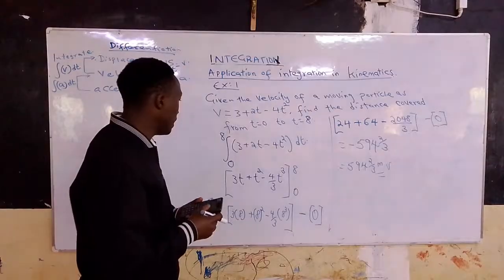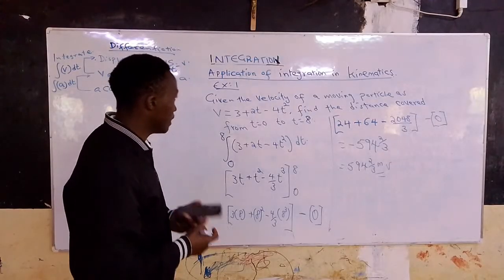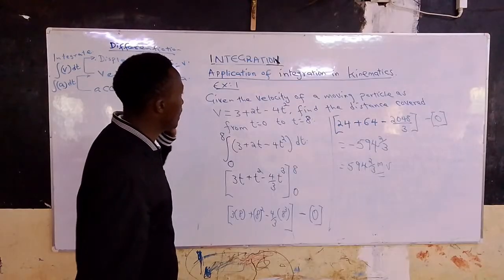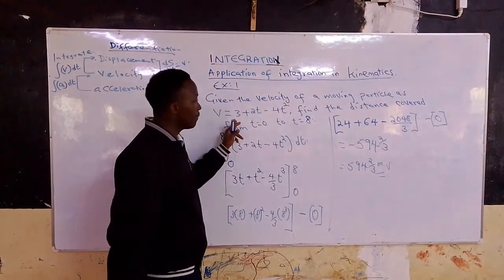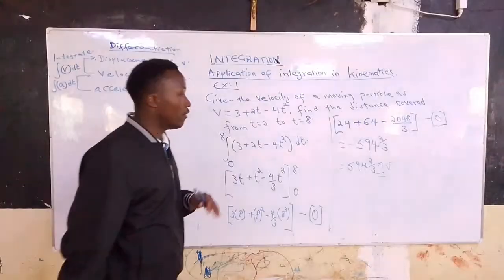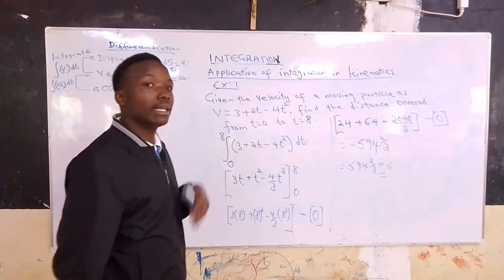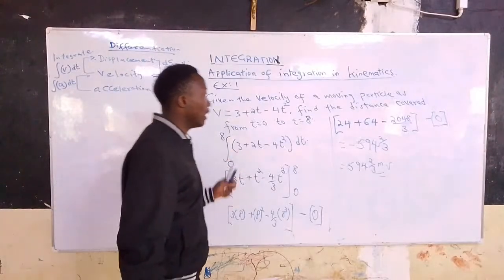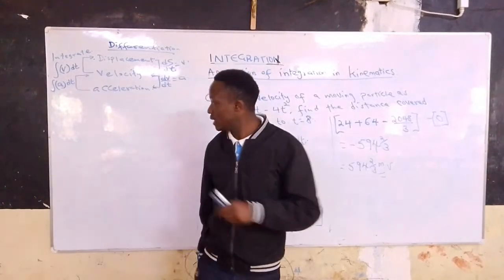So after determining that, that will be our first example. So for us to get displacement, we integrate velocity with respect to time. For us to get velocity, we integrate acceleration with respect to time. Don't forget that. So let's get to our second example.